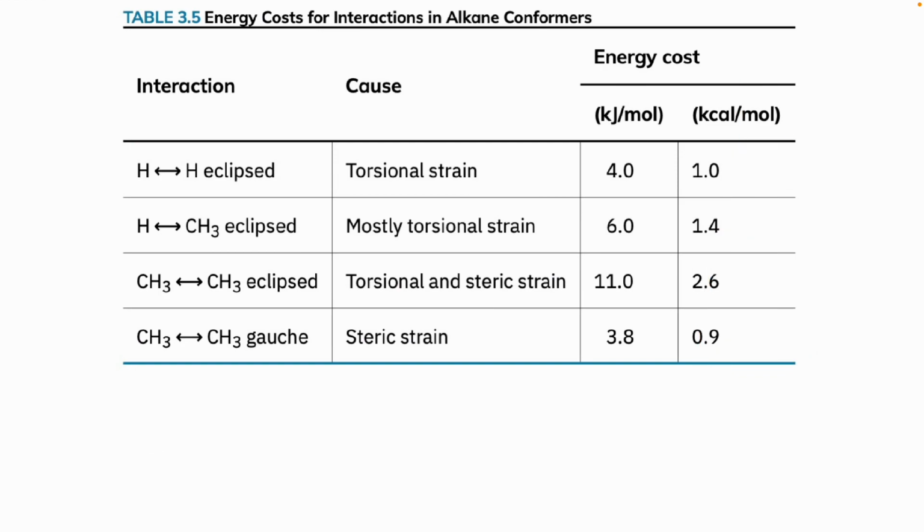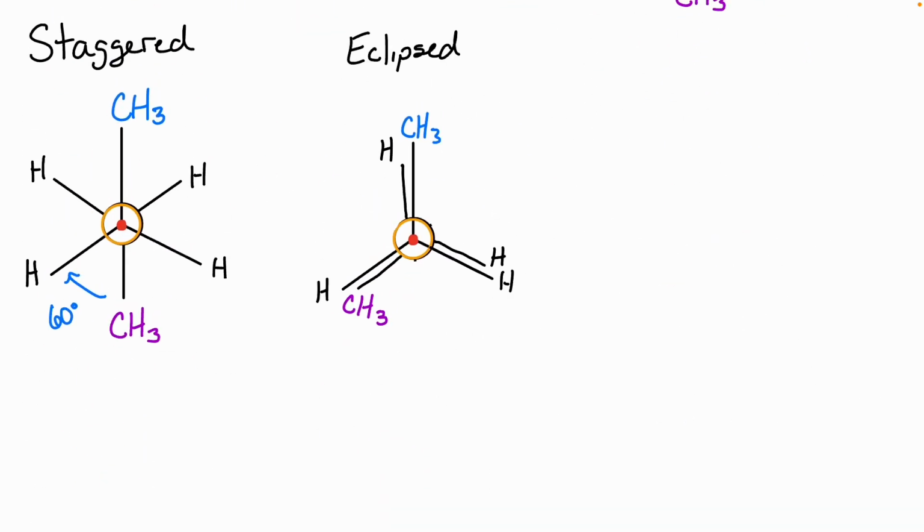All right? So if we look over here, we have 3 different eclipsed bonds. One of them is a hydrogen-hydrogen eclipsed bond, so this is going to come with a 4 kilojoule per mole penalty.